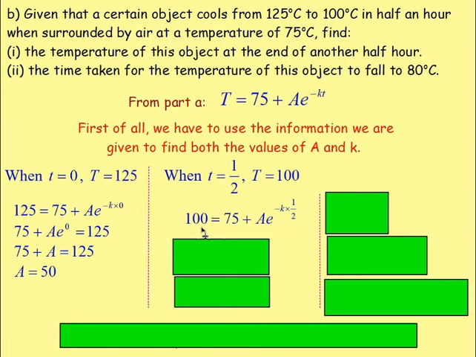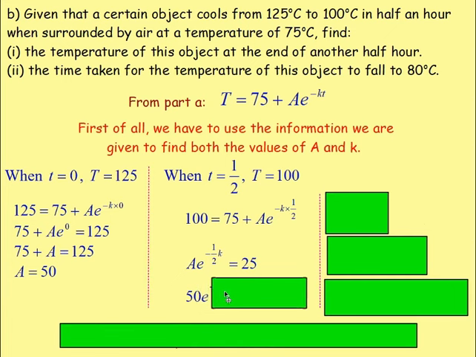So 100 would equal 75 plus A e to the power of negative k times 1/2, just swapping t with a half and capital T with 100. From there, if you subtract 75 from both sides, you would have A e to the power of negative k times 1/2. That would equal 25. And we just worked out that A is 50, so we can replace A with 50. So we'd have 50 e to the power of negative a half k would equal 25.